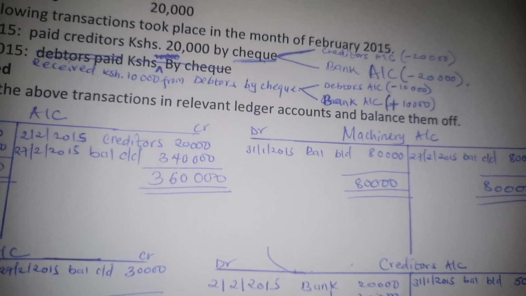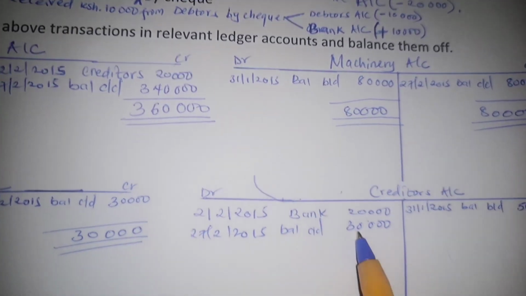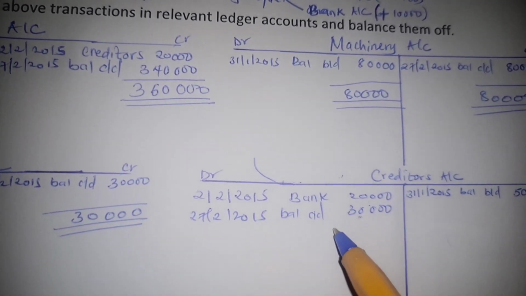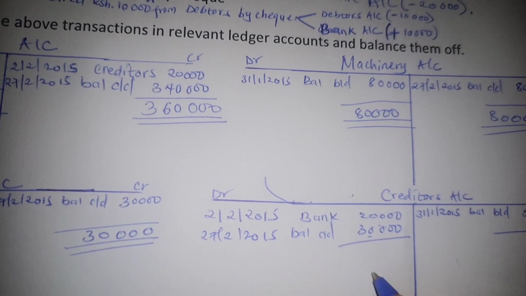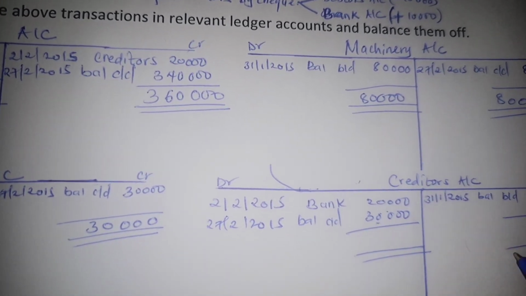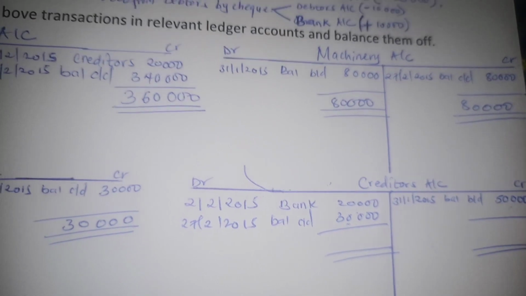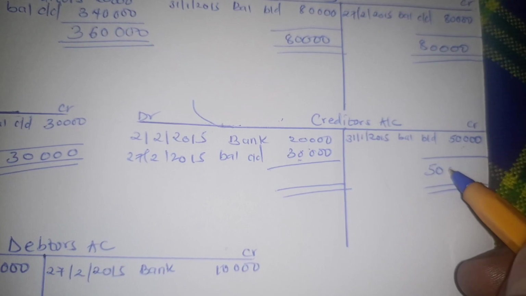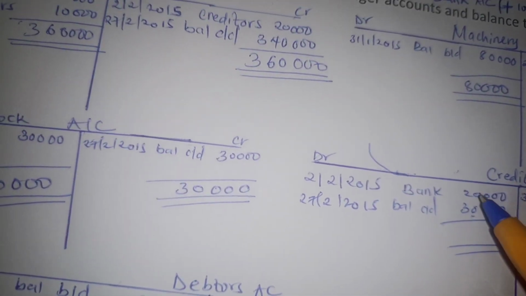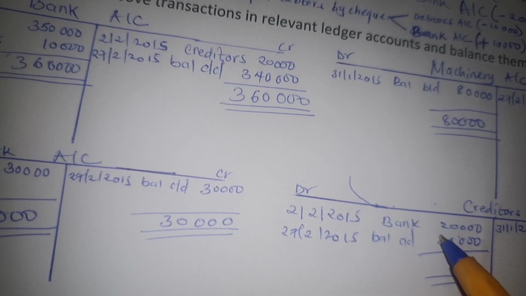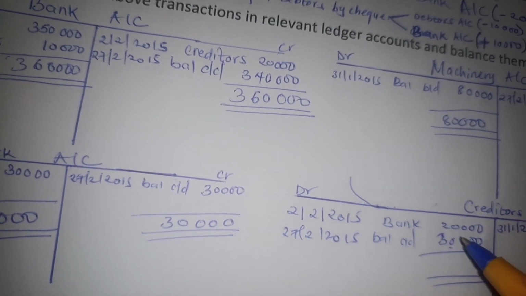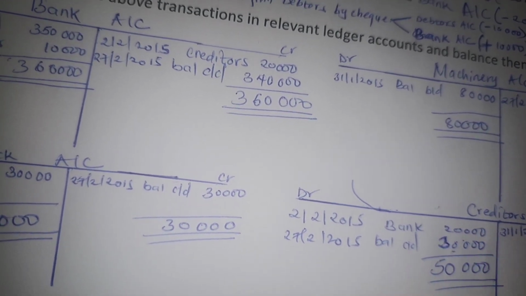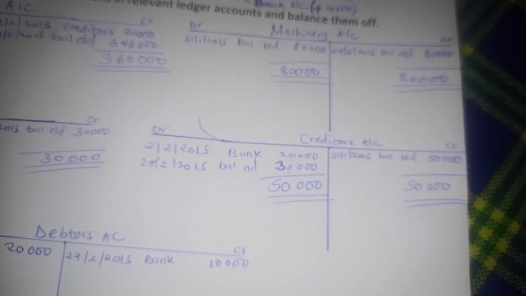Remember, we put the difference. 50 minus 20 gives us 30. That is what I am referring to as the balancing figure. Then you can close your account. Remember to double underscore. So this side, the total is 50,000. This side, 20 plus 30 is also 50,000.